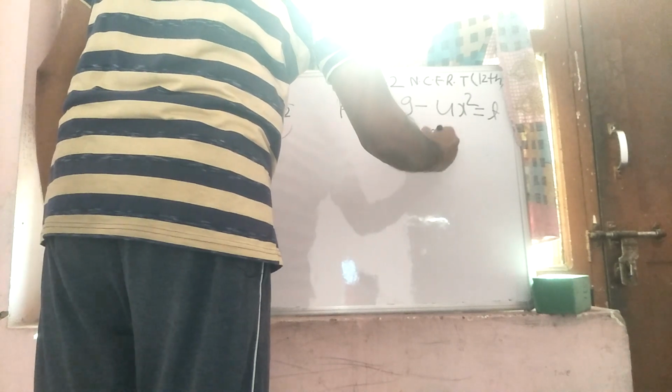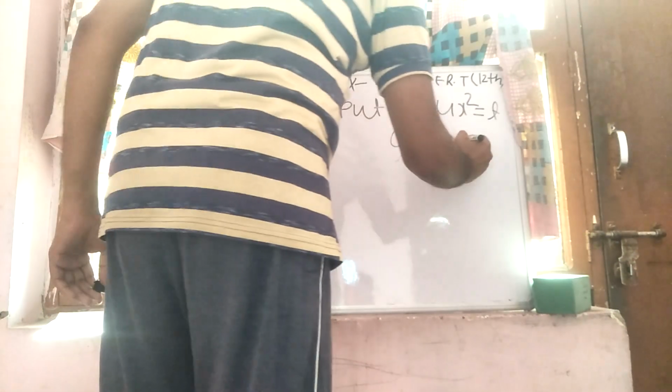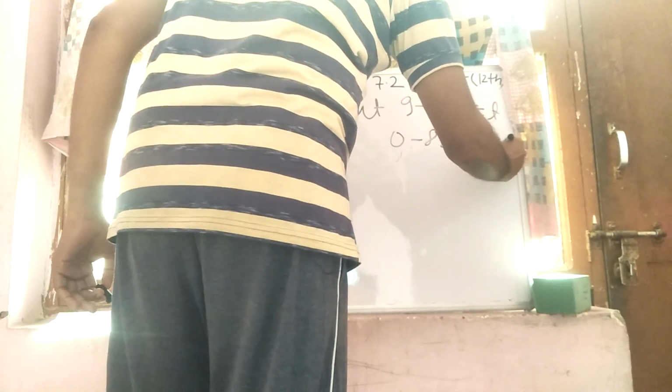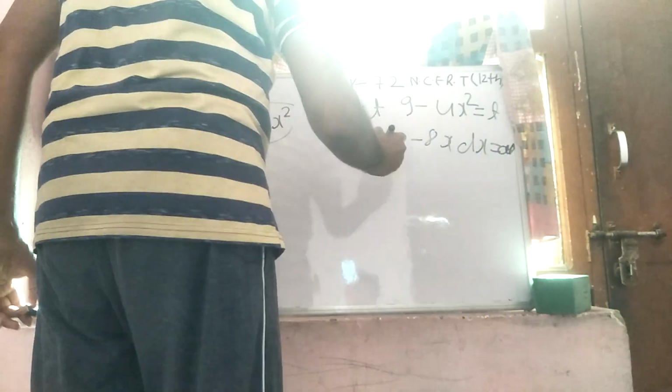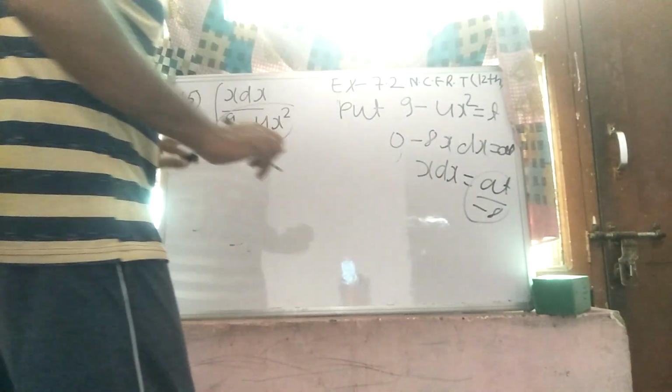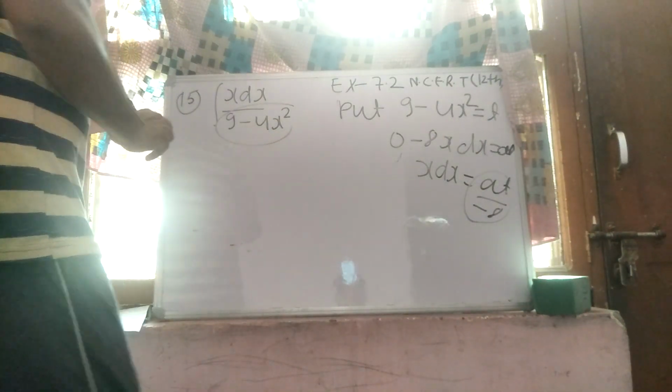Put 9 minus 4x square equal to t. The derivative is 0 minus 8x into dx equal to dt. Then for x dx, the value is dt upon minus 8.